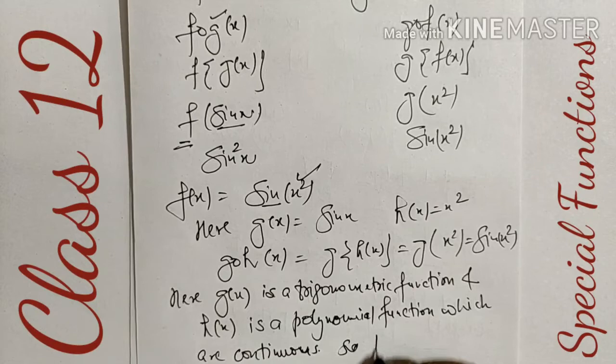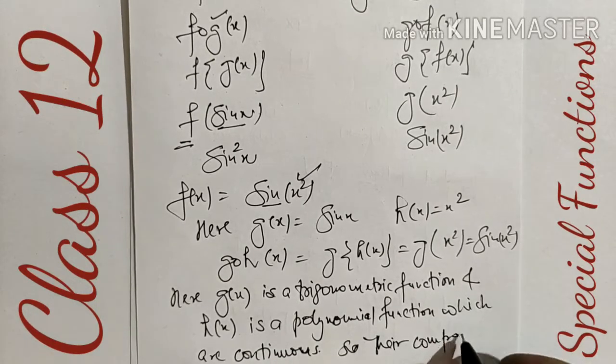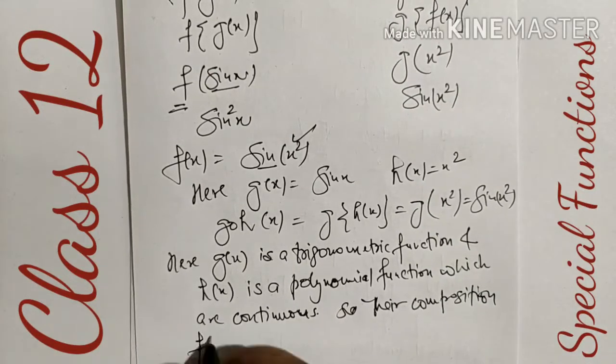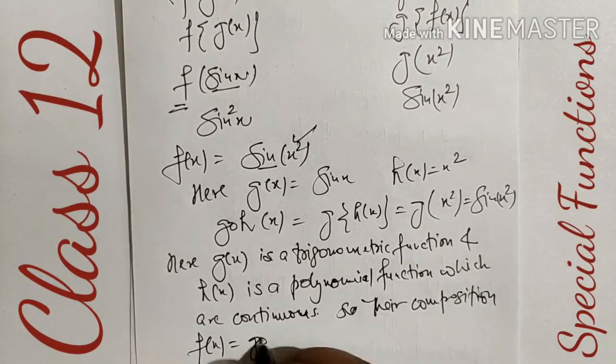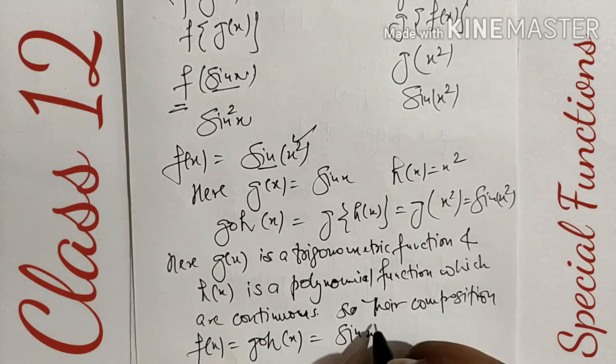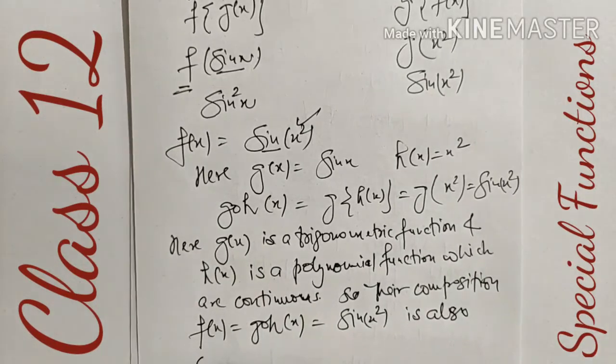So their composition, f of x given by g of h, which is sine of x square, is also continuous.